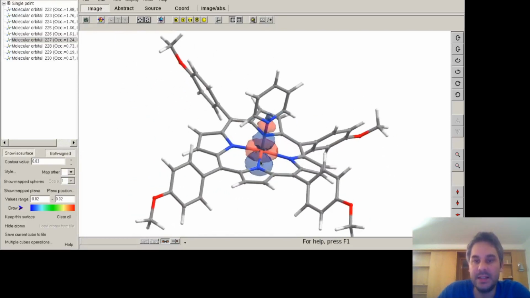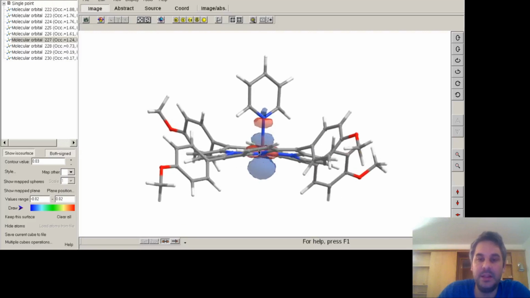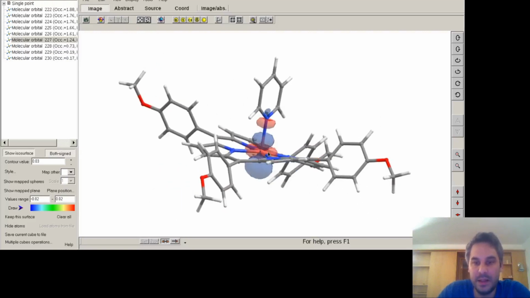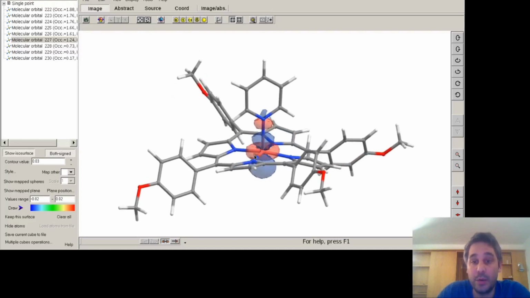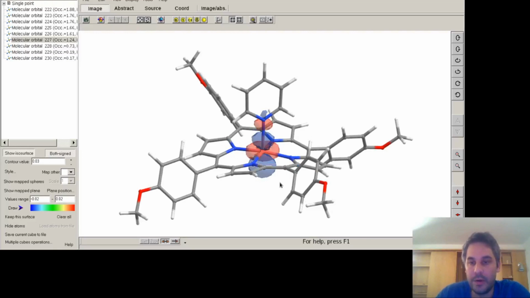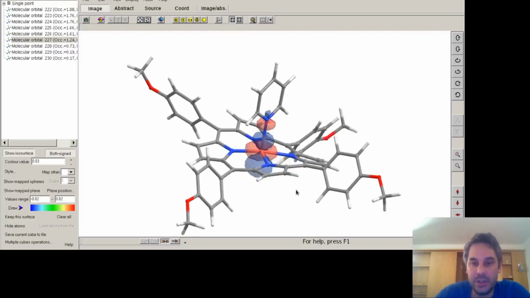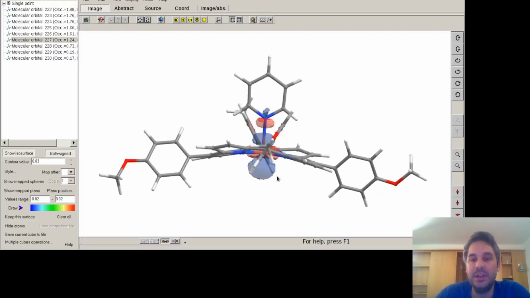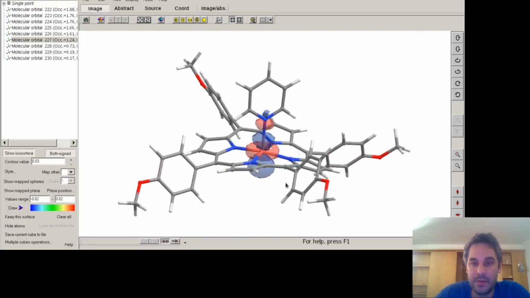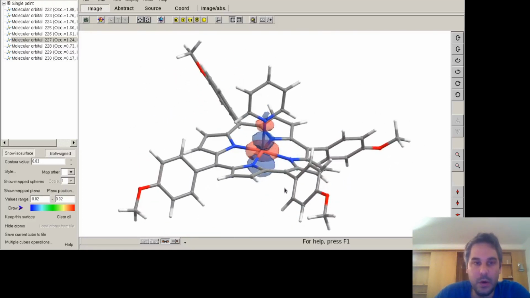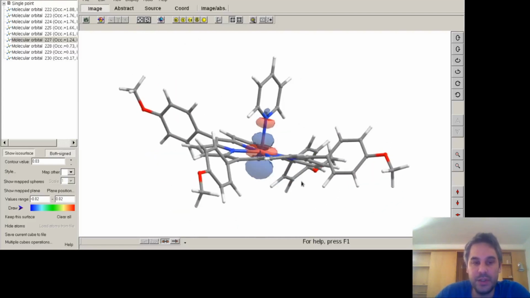So basically the CASSCF calculation is telling me that in the ground state, the DZ squared orbital is the singly occupied molecular orbital. Of course, there are contributions from other electron configurations, but this is the main one, and actually this fits with experiment. It fits with EPR results. So already this is telling us that the calculation is reasonable.